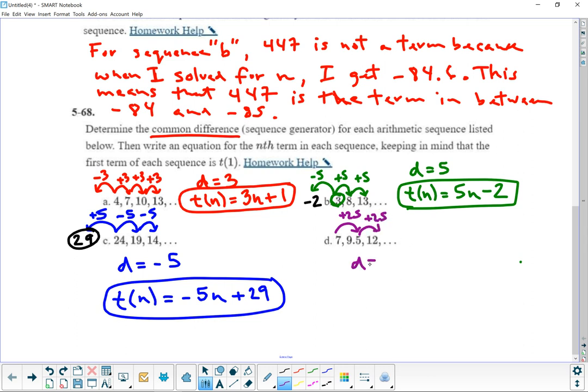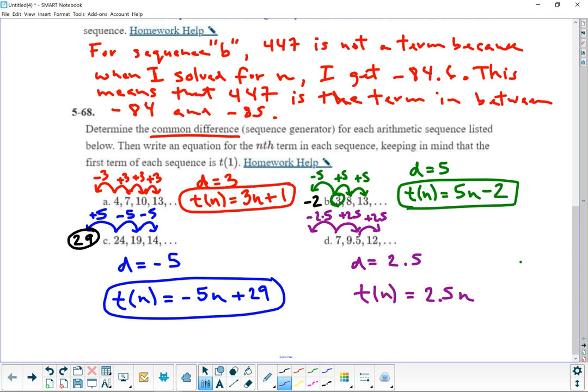So our D is equal to 2.5, which means that our T of n, our explicit formula, starts with 2.5n, and then we got to figure out what the previous number is. So I'm adding 2.5, then if I want to go to my previous number, I have to subtract 2.5.